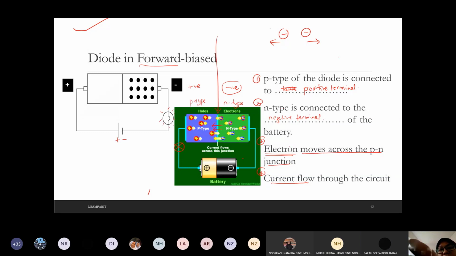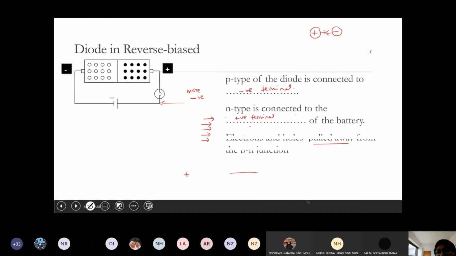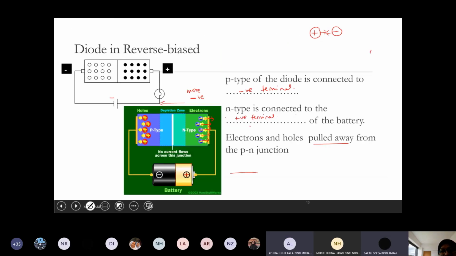So kita kata sini PN junction narrow. Ini yang maksudnya narrow tu. Nampak tak, ada nipis je. Okay, tapi just now if you see, the junction becomes wider junction.